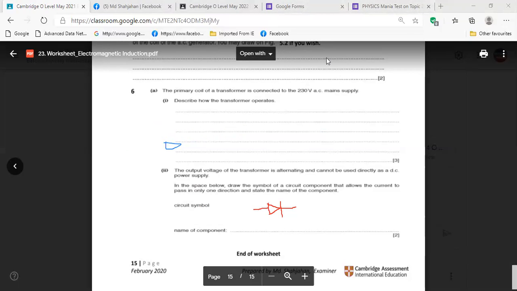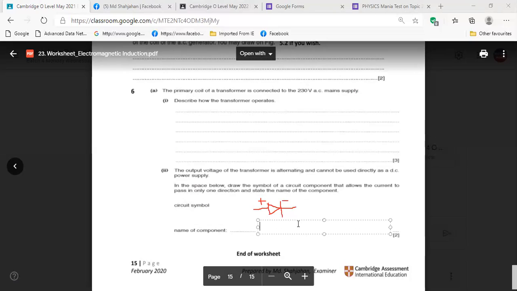More we'll get in topic 24. So this part is negative, this part is positive. It has polarity. It only allows current to go through in one direction. That's why it converts AC to DC.